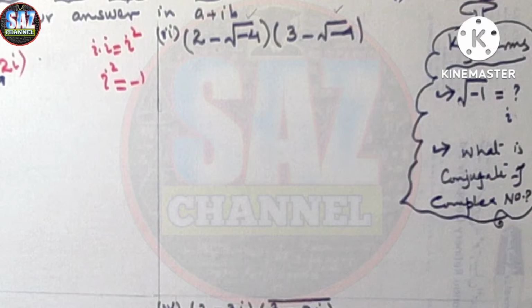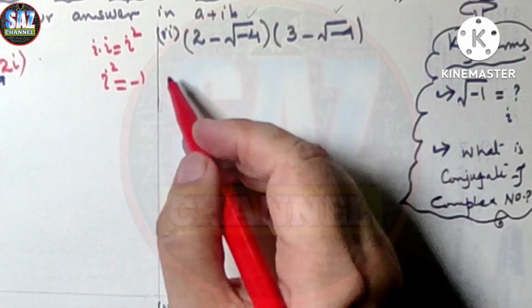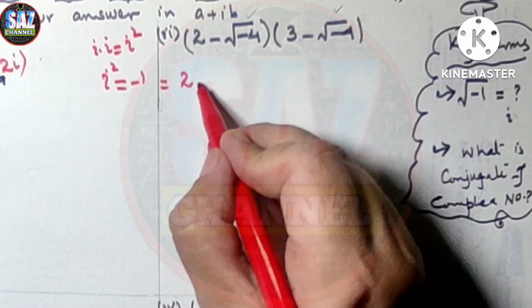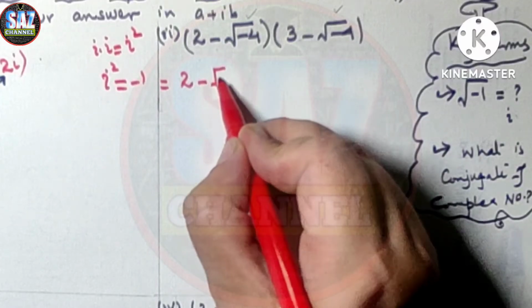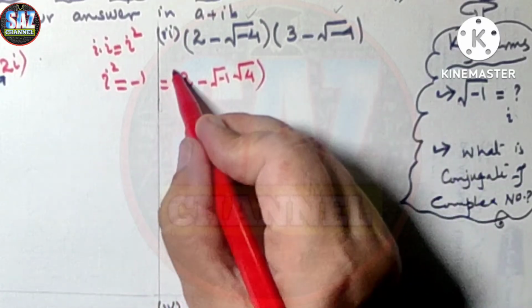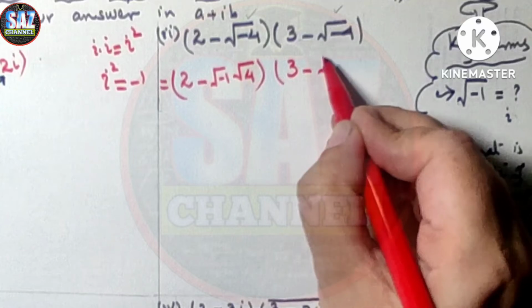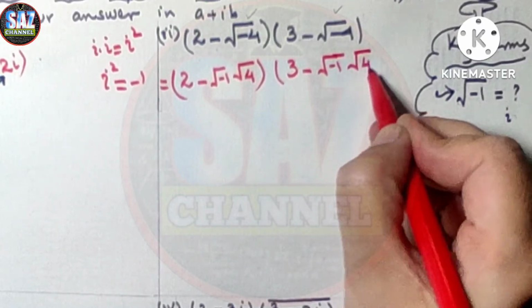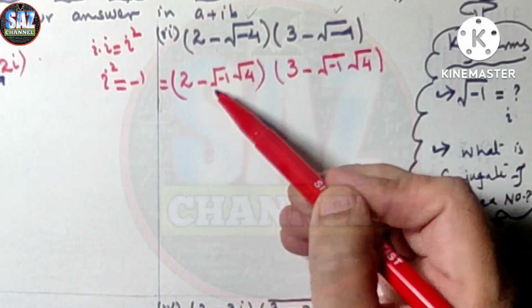Recall the rule that square root of minus 1 is equal to iota. So, we write the first bracket as 2 minus under root minus 1 into under root 4, multiplied by 3 minus under root minus 1 into under root 4. Now, this under root minus 1 has the value iota.